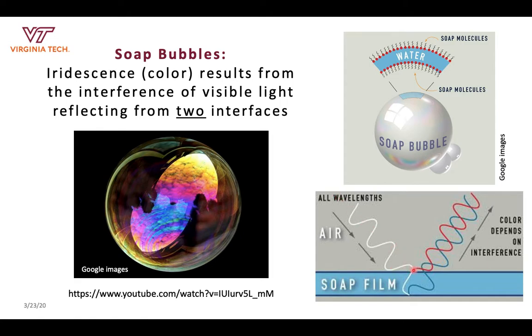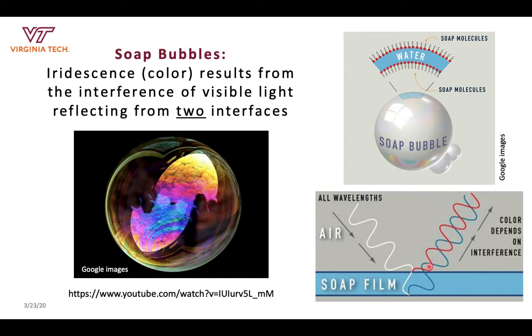So you can see the red reflected wave is reflecting off of the first interface, the air-water. The origin of the blue wave is the water-air interface, the inner of the two layers.